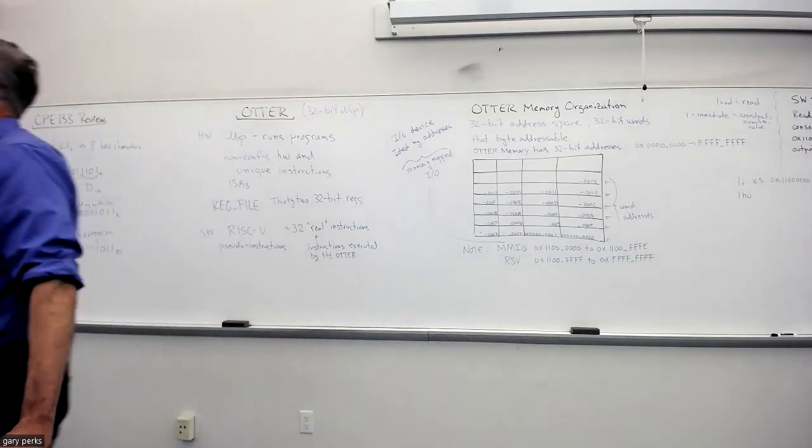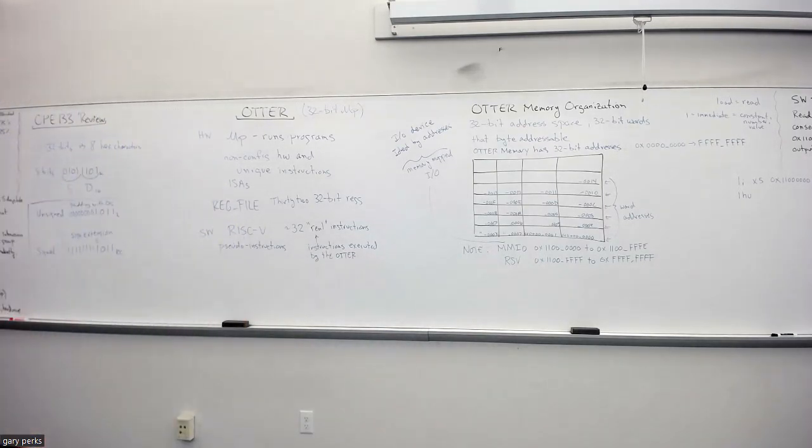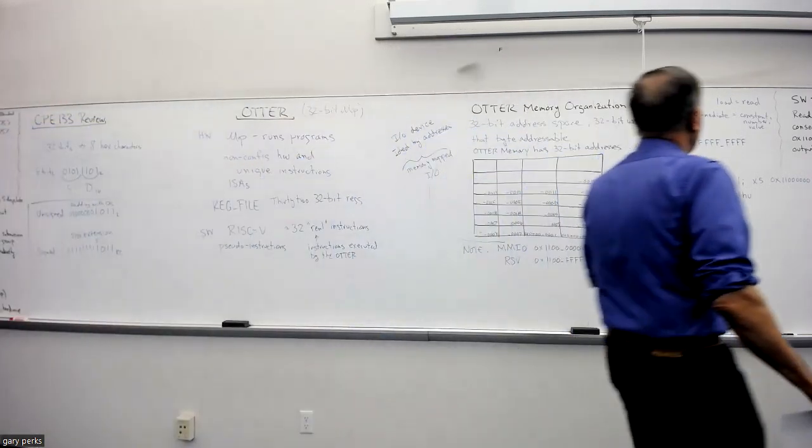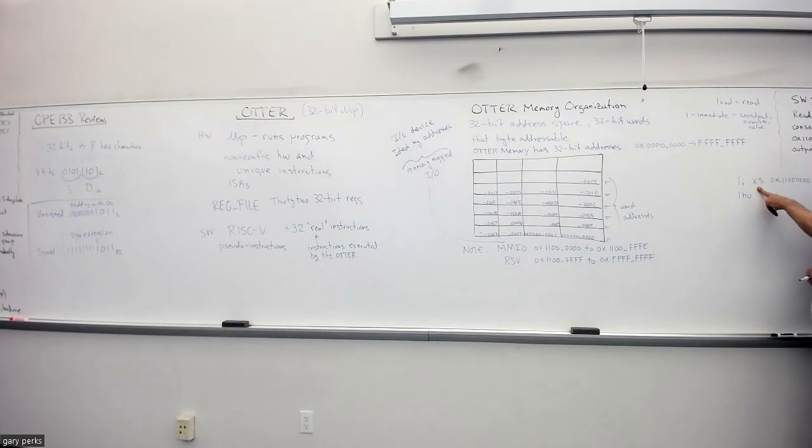And the register address is only X5, so that's 1 bit? Well, no, remember, all these registers are 32 bits. So I'm putting this 32-bit number, which is the address for the switches, into a 32-bit register.